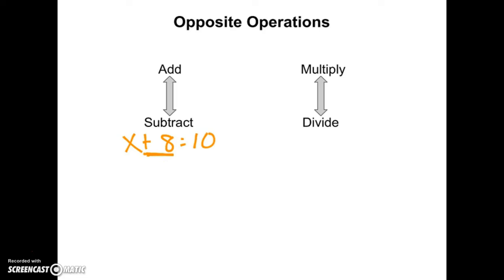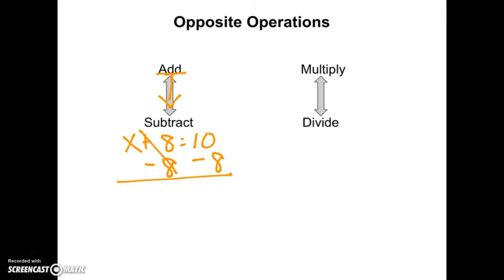And in order to do that, I have to be able to identify my opposite operation. I have a plus sign here, so I'm doing the opposite of adding. The opposite of adding is subtracting, so I'm subtracting 8 from both sides of the equal sign.